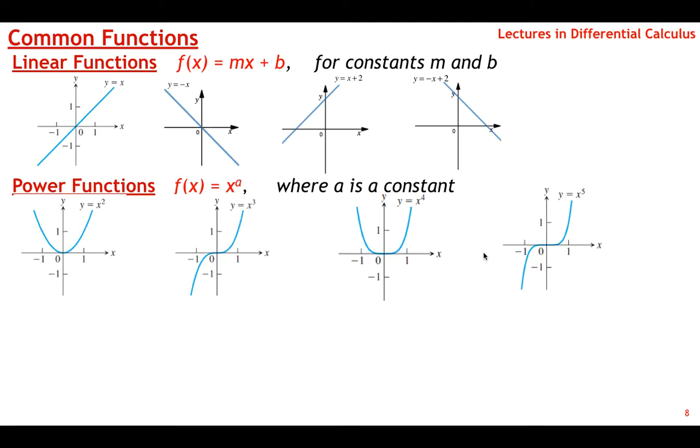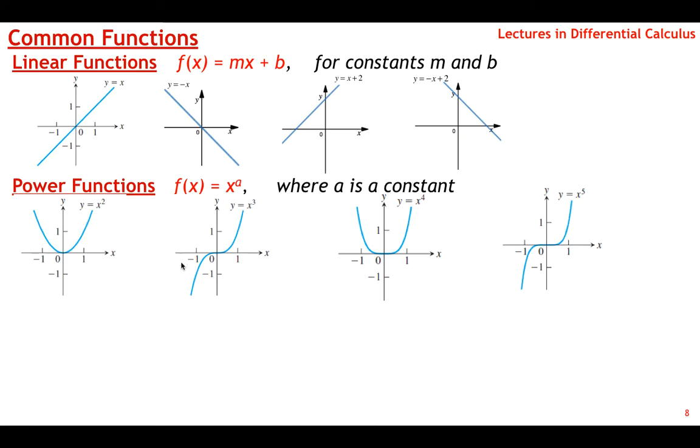Each of these curves passes through the origin, and also they pass through the point (1, 1), because at x is equal to 1, the y value will be 1 for each of them. So all these curves pass through the origin and the point (1, 1).